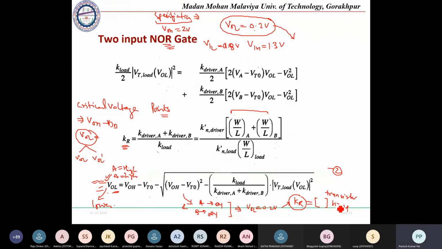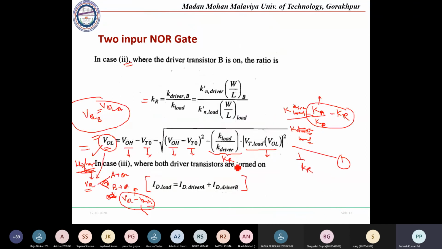This transistor sizing will be given to the circuit, and the circuit will produce the VOL value. But if that transistor sizing is implemented, in the case of the other equation, the same transistor sizing will provide a VOL that is higher than your 0.2.